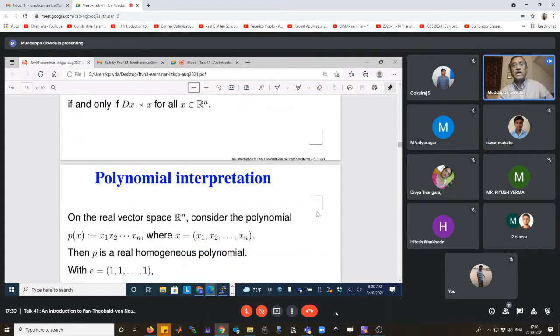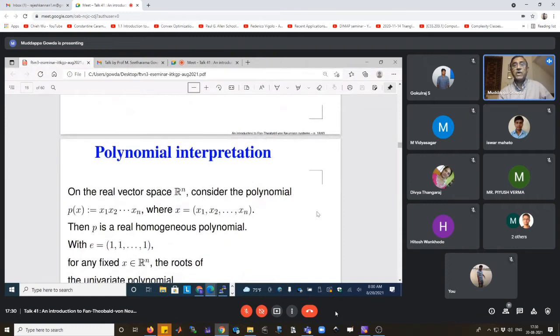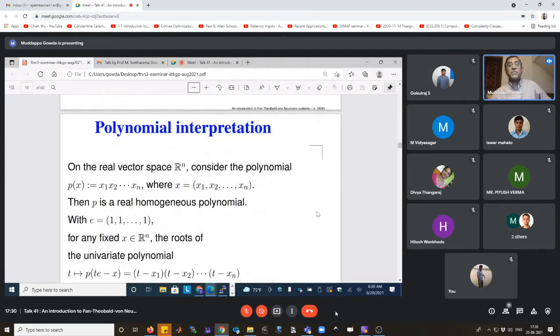Before I move on to other examples, I want, at this stage, to give a polynomial interpretation for this discussion. This is where we get into hyperbolic polynomials and all that. On the real vector space Rn, consider the polynomial p of x, which is the product of all the entries of the vector x. So p of x is nothing but x1, x2, dot, dot, dot, xn.